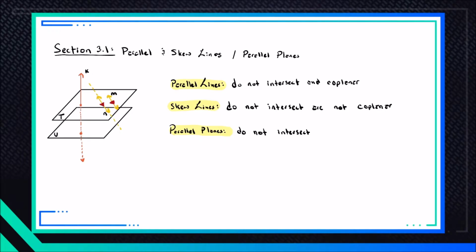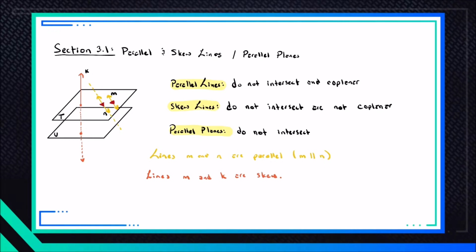And so what we would say here is the following. In yellow, I'm going to write that lines M and N are parallel. And the symbol that we use for parallel is two straight lines like that. So M is parallel to N. We would say that lines M and K are skew lines, or are skew.